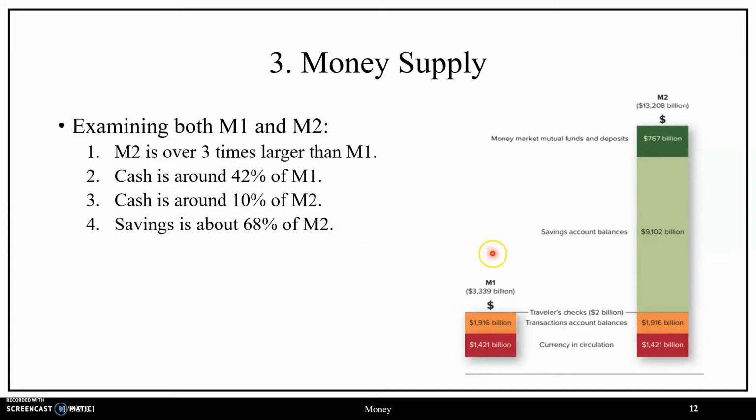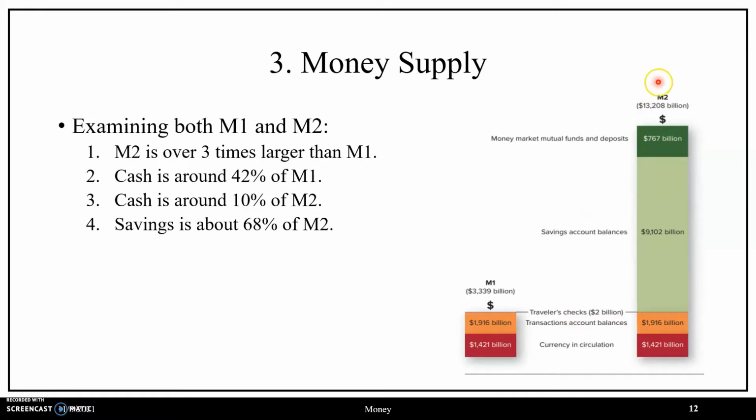On the left we have the M1 money supply, which is about $3,339 billion, in which we see it constitutes traveler's checks, transaction account balances, as well as currency in circulation, where currency in circulation is close to about half of the M1 money supply, and the other half is primarily transaction account balances, and traveler's checks make up a small portion of M1 as well.